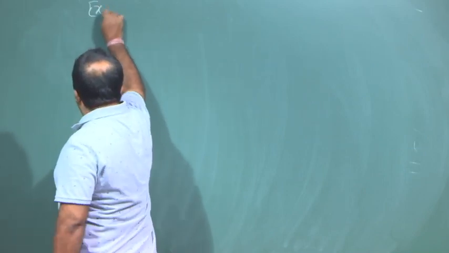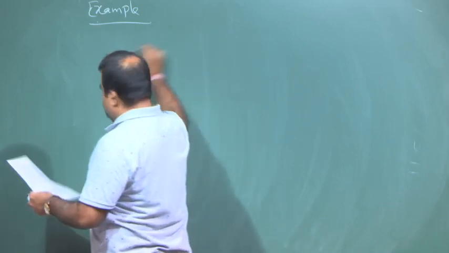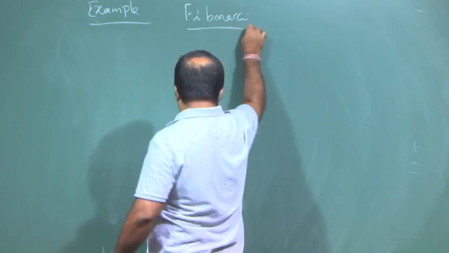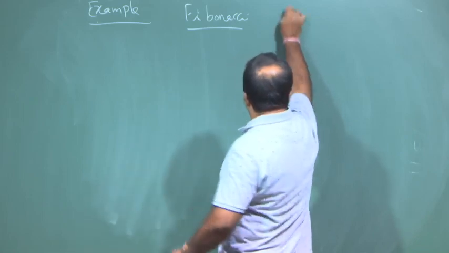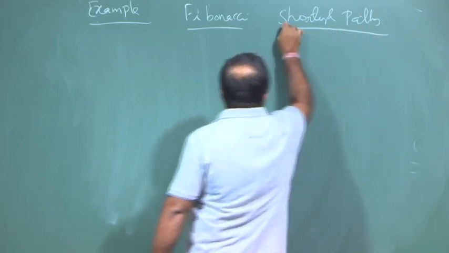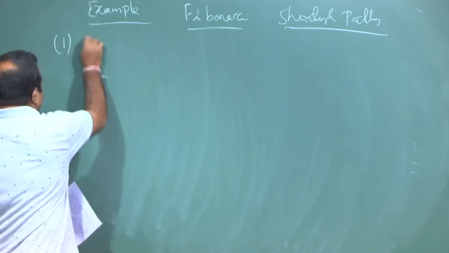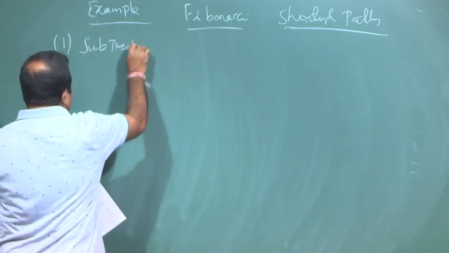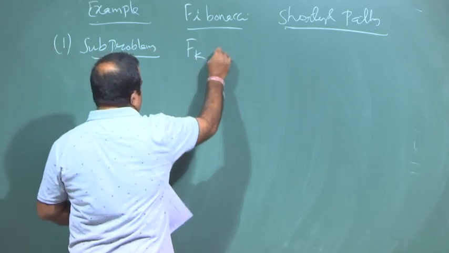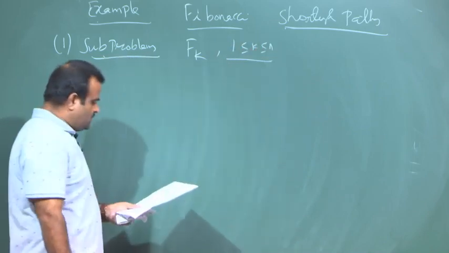Step one is sub problems. For Fibonacci, we need to find f k for 1 less than k less than n.